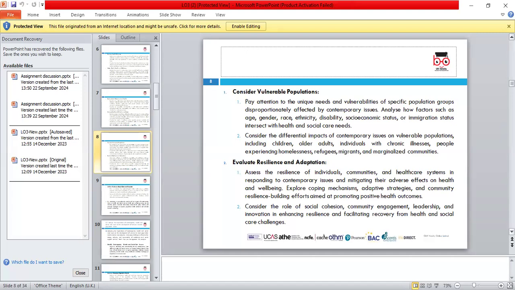We therefore have to evaluate the resilience and adaptation. We mentioned yesterday that when you have made conclusions and determinations, you have to adapt.